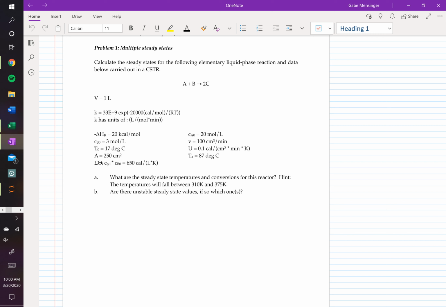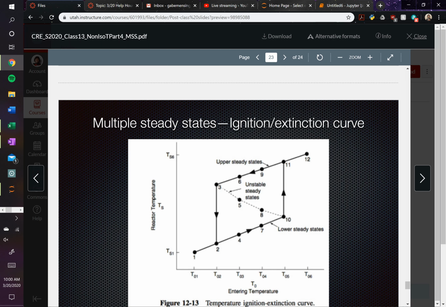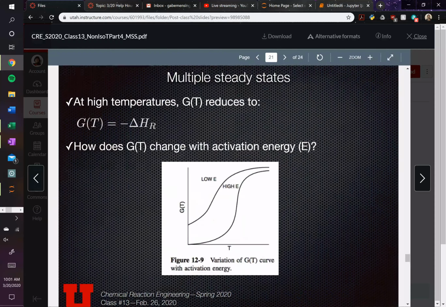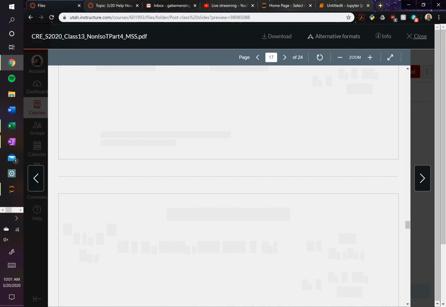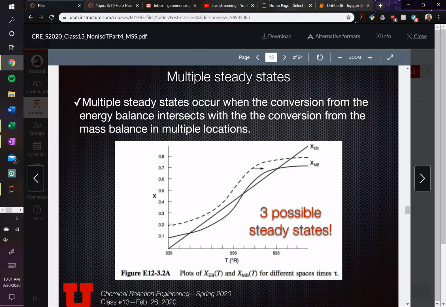All right, so since we know that it is a multiple steady states problem, we're going to have a couple different answers. And the graph that we're going to make is going to end up looking something like this, where we're going to have to plot the conversion of the energy balance and the conversion of the mass balance, both as functions of temperature.